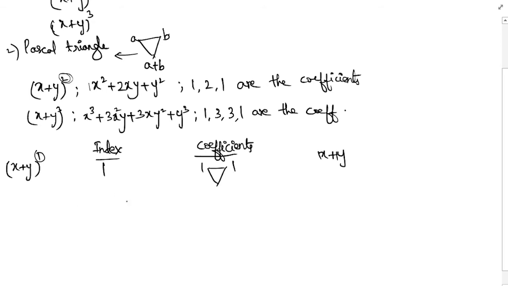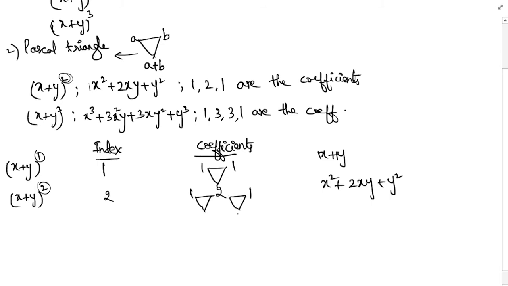Now if index is 2, that is x plus y whole square, here the index is 2, right? It will be x square plus 2xy plus y square. So here 1 plus 1, that is 2, and again this will be 1 and this will be 1.